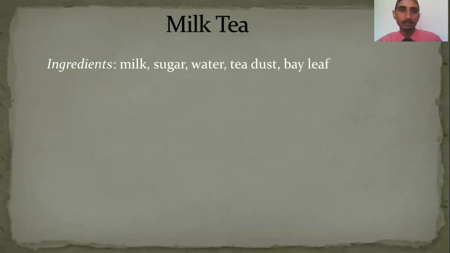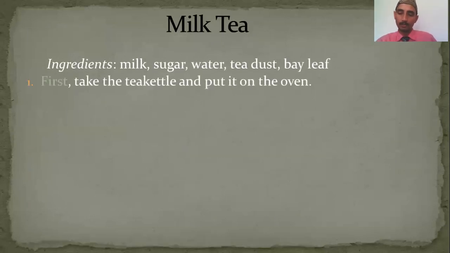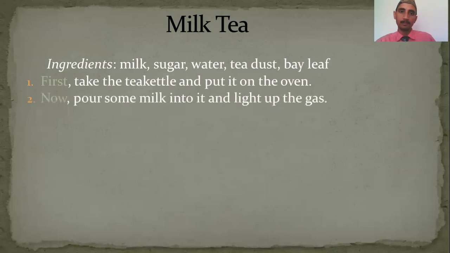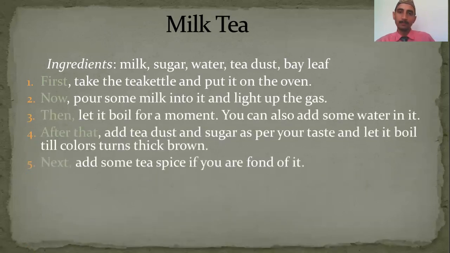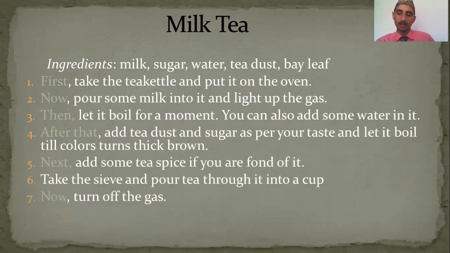Okay, third one. Okay, let's see, this one is the example, sample answer. So suppose you have to prepare a recipe for milk tea, then how do you do it? So what is the first part? Okay, the topic, that means recipe, milk tea is the first part.